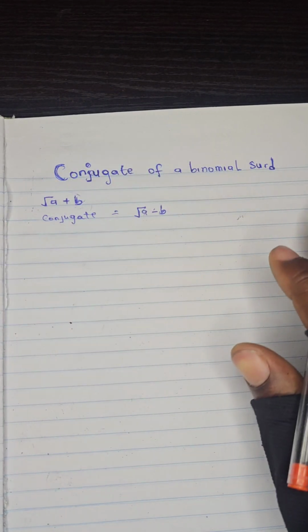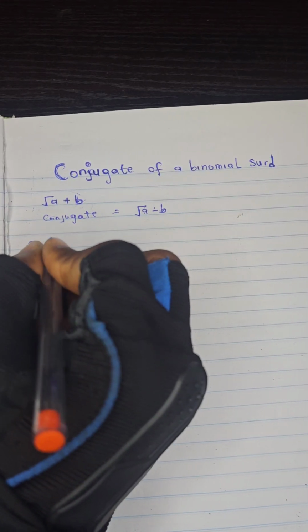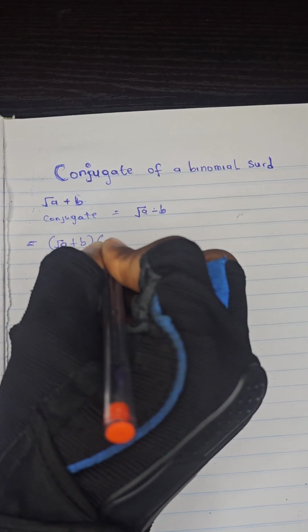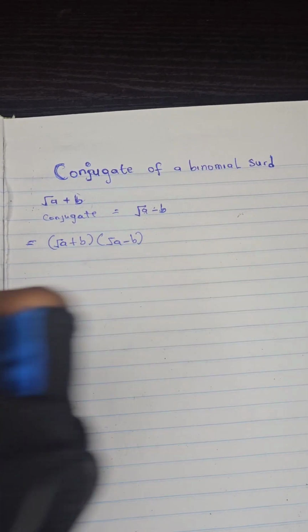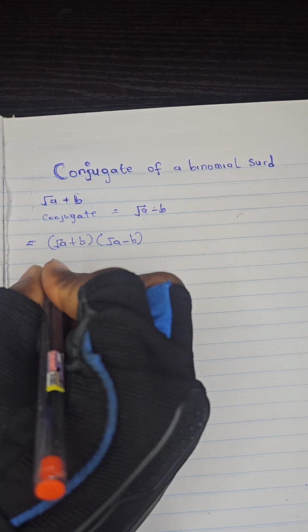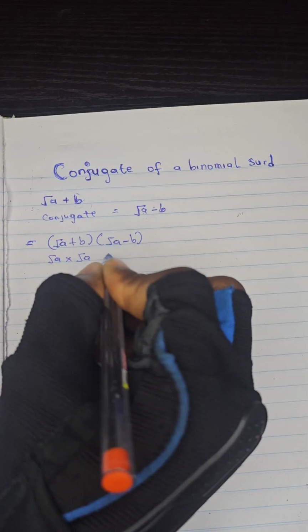Why do we do that? Because when you multiply the two conjugates together, you get a rational number. Any day, you multiply two conjugates together, you get a rational number, which means a whole number. So let's solve this. You have root a plus b multiplied by root a minus b. Using the rule we used in the last class, we have root a times root a.